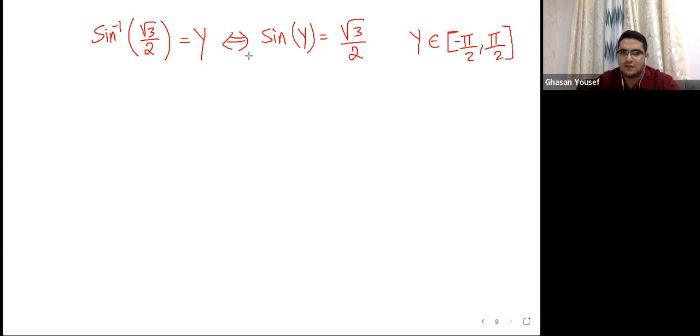This is my Cartesian plane. The angle must be like this. This is -π/2, and this is π/2.